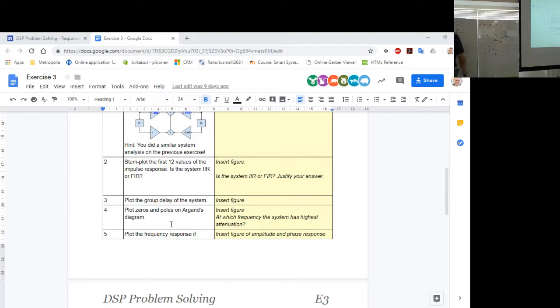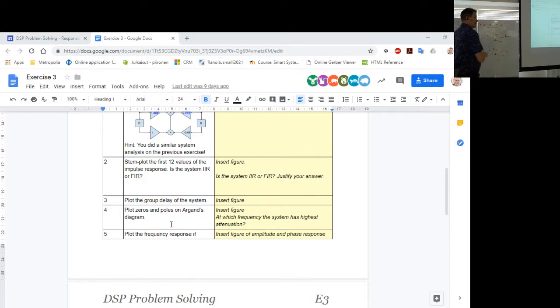Again, same coefficients. So we use the same system coefficients also to analyze the frequency response for the system.